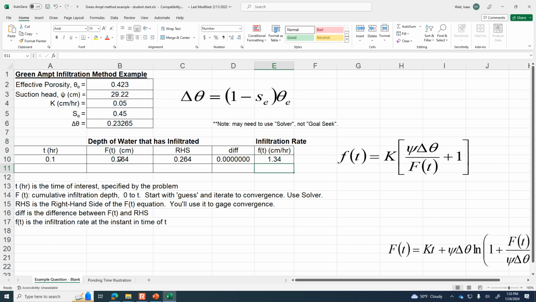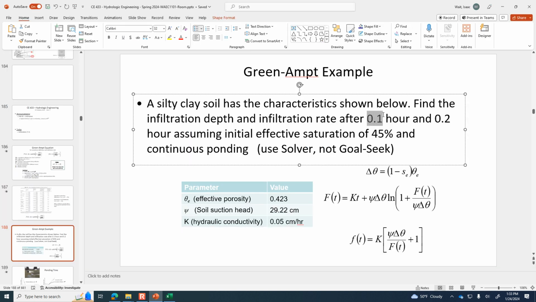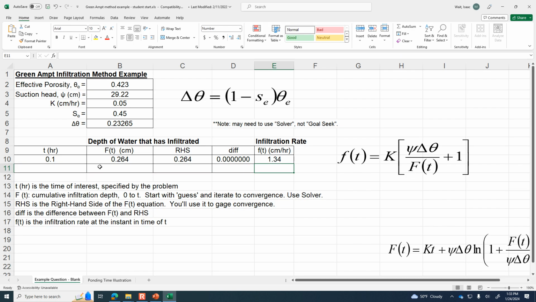So at 6 minutes after the storm starts, right now the infiltration rate is 1.34 centimeters per hour. But it's going to be going down. And that's the purpose of looking at this at two different times, at 0.1 hour and at 0.2 hour. So now what I hope this shows us is that the infiltration rate is slowing down, that it's following this model of declining rate of infiltration.